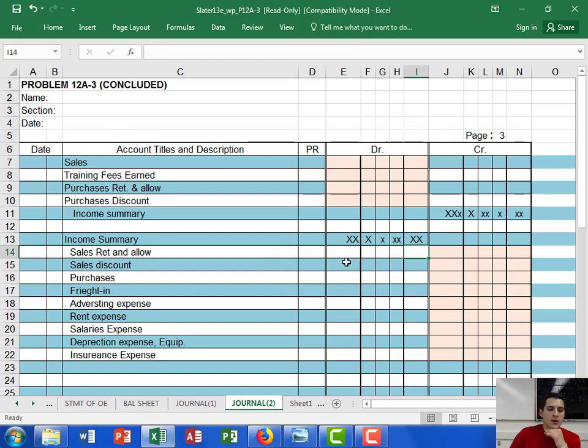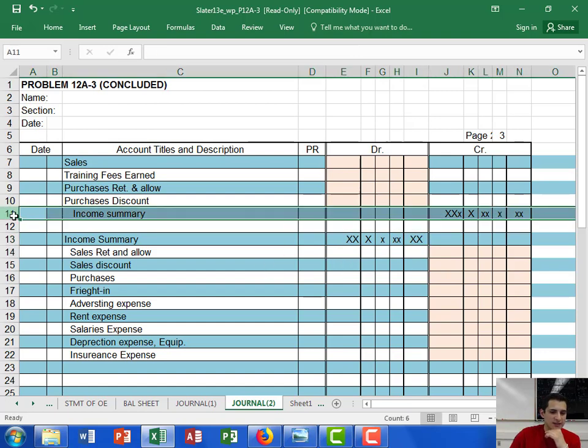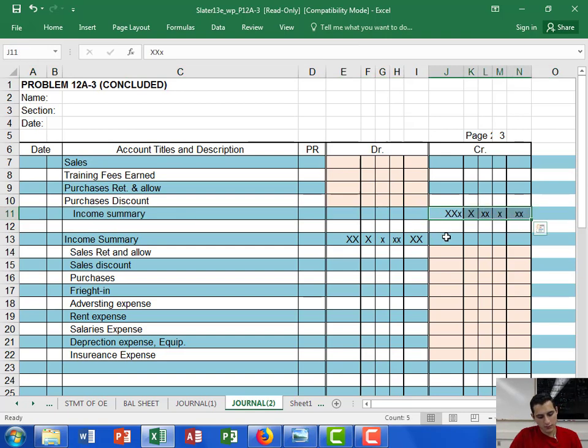Now, for the most part, your credit side should be the greater number compared to this number. Now, when it does that, it should then be on the credit side, because whatever number is greater will then become your normal balance for the income summary.